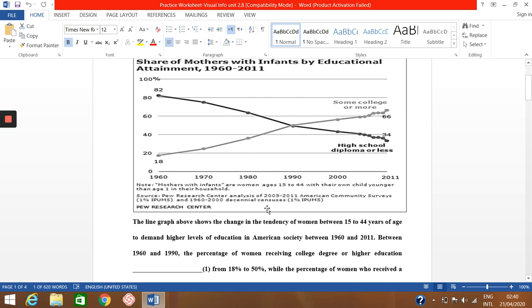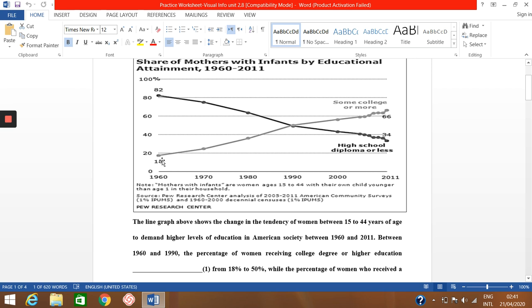So the best way to start, after studying the graph, is to start by looking at the text written here at the bottom of the graph and try to see if we can complete the description according to the trends given here. If you remember in our previous lecture, we said that when we describe trends, most probably there are three cases.